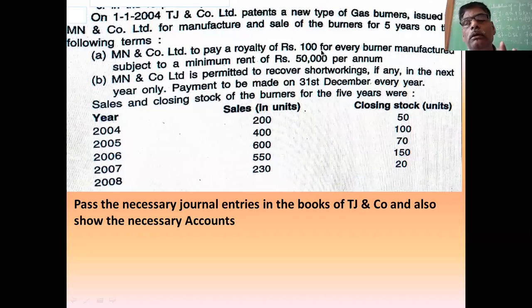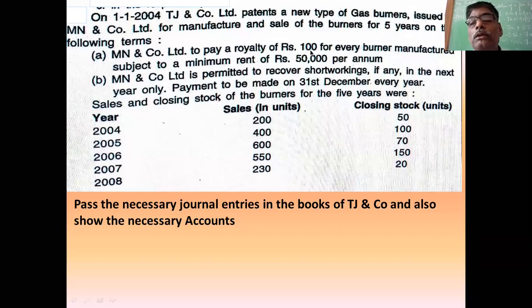I have solved 2-3 problems like this. Here ₹100 royalty is on manufacture, but manufactured units are not given in the problem. Units sold are given. Therefore, you have to calculate unit manufactured or output.